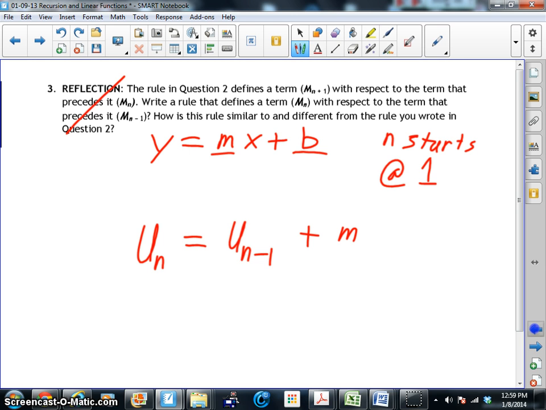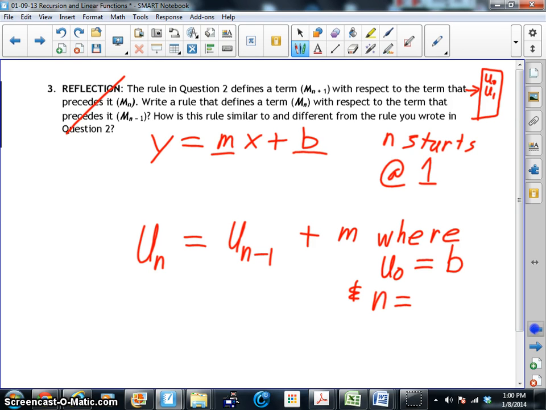And this is what we're going to be doing, where u sub 0 is equal to whatever our b is, because that's our start, and n is equal to, well, when we have our list right here, we always start with u sub 0, u sub 1.